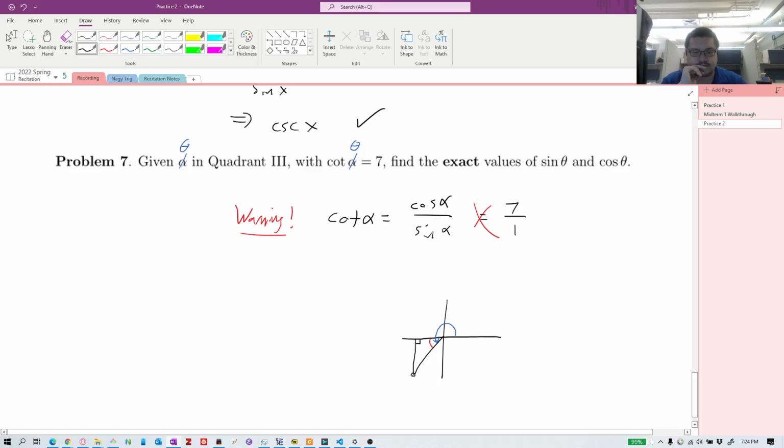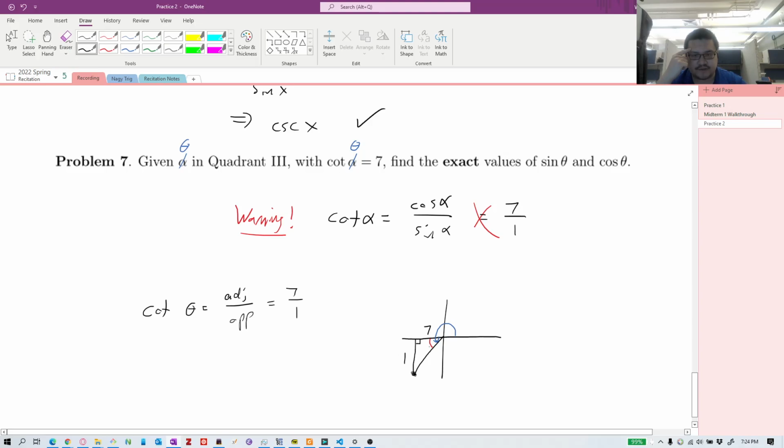So instead, what we want to think is that cotangent of theta is the reciprocal of tangent. So instead of opposite over adjacent, it's adjacent over opposite. And we want to think of it as 7 over 1. So we can let our adjacent side be 7, and we can let our opposite side be 1.